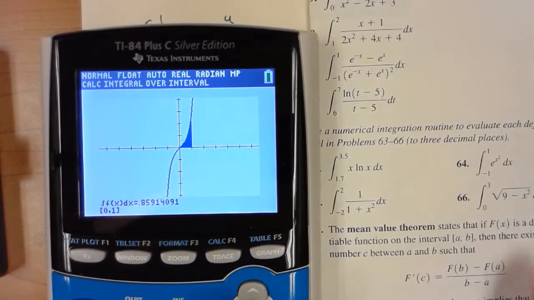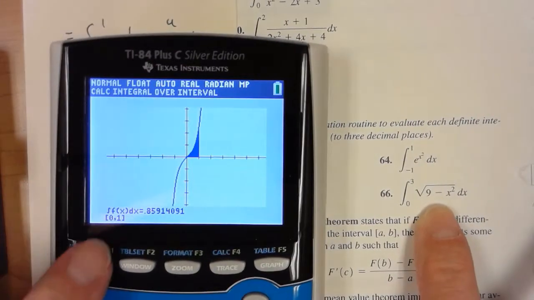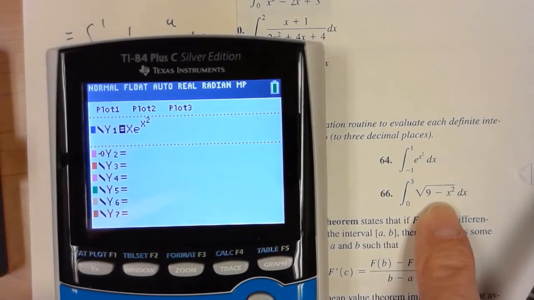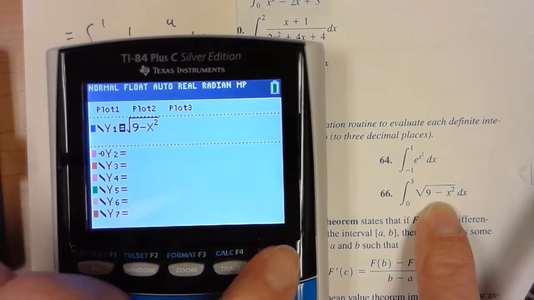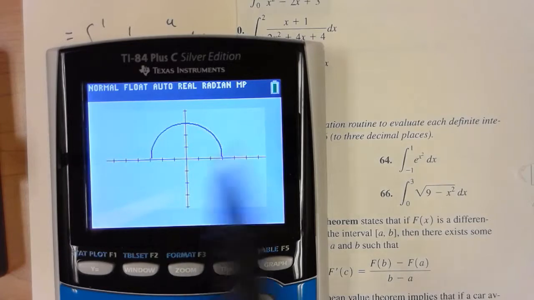So there's another problem. Let me look at 66. So I go to y equals second square root 9 minus x squared. Let me ask it to graph. I need to go from 0 to 3.